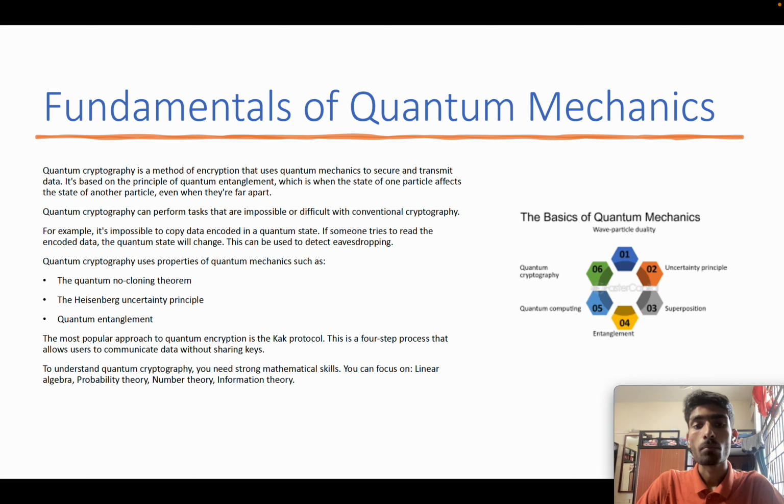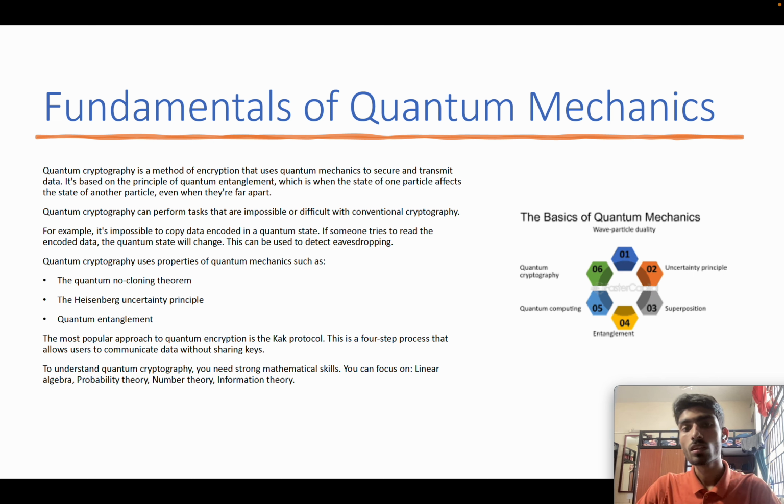Notably, attempting to read encoded data changes the quantum state, enabling the detection of eavesdropping. The most popular approach, the KAK protocol, is a four-step process facilitating secure communication without the need to share keys. Understanding quantum cryptography requires a strong foundation in mathematical skills, including linear algebra, probability theory, number theory, and information theory.